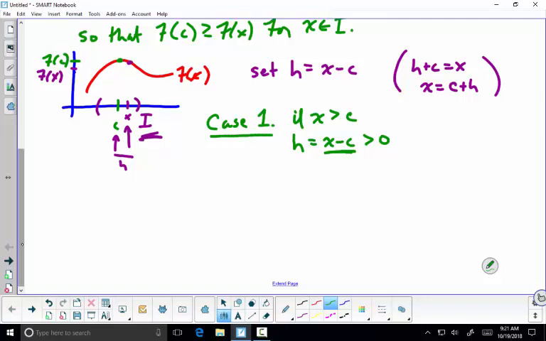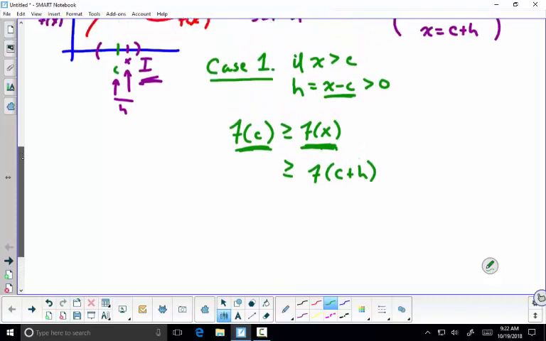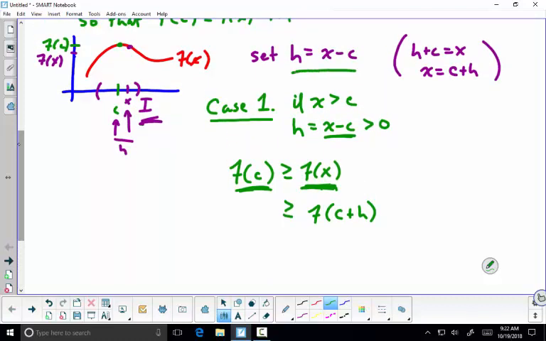So then go back to the definition of a local maximum. We said that f of c has to be greater than or equal to f of x. So this y value has to be bigger than this y value. That means that f of c is greater than or equal to f of c plus h, because remember, we said h was x minus c, meaning that x was c plus h.